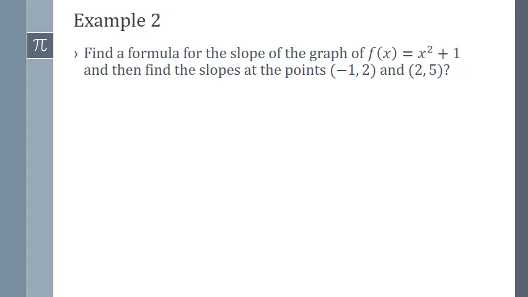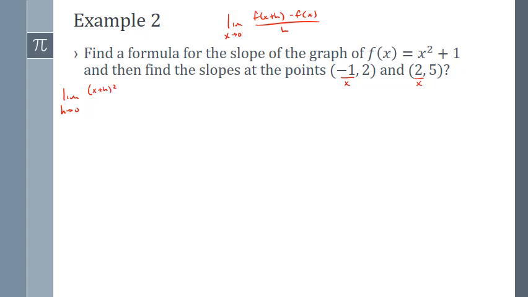So we could just start by plugging in negative 1 and 2 for our difference quotient separately like we did in 11.1a, but since I have to do it twice, it makes a lot more sense to apply the difference quotient on the general function, just like we did on the previous example, and then plug our x values in, so we can find slopes at multiple points on the graph without having to do the difference quotient multiple times.